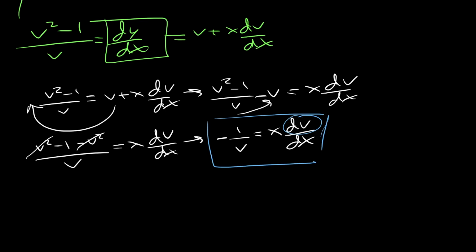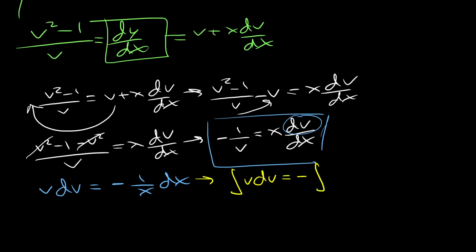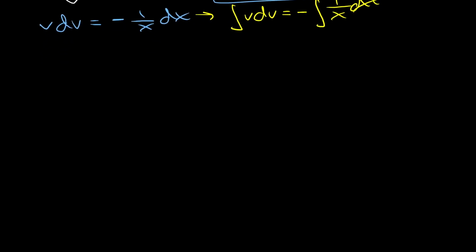So v dv is equal to minus 1 over x dx. Now we can continue to do the integration. We take the minus out, and it's 1 over x dx.